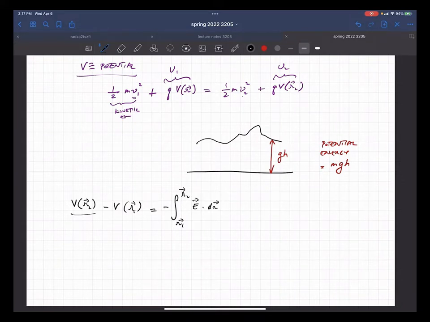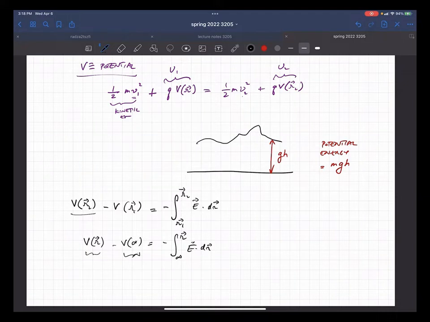But if you're bringing a charge from infinity to a point in location, so if you had V of r minus V at infinity, that would equal minus the integral from infinity to r of E dot dr. By convention, this V at infinity could really be anything, because we're subtracting two values, so you could have a constant for both.